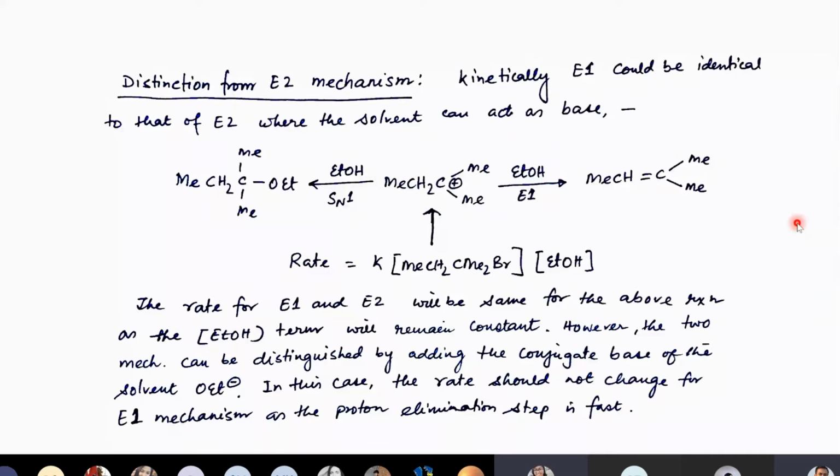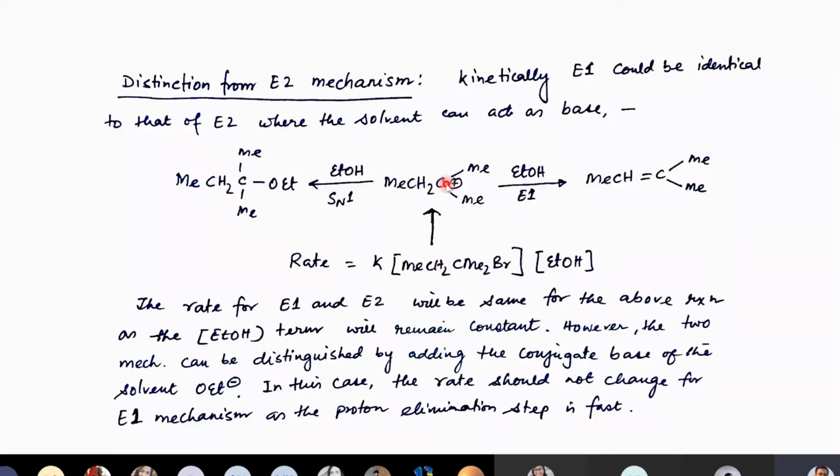Sir, can you explain again the argument for E1, like how it would occur? Yeah. So if this mechanism happened via E1, then the formation of this carbocation is in the rate-determining step. So the strength of your base does not matter. It should not change the rate, isn't it?